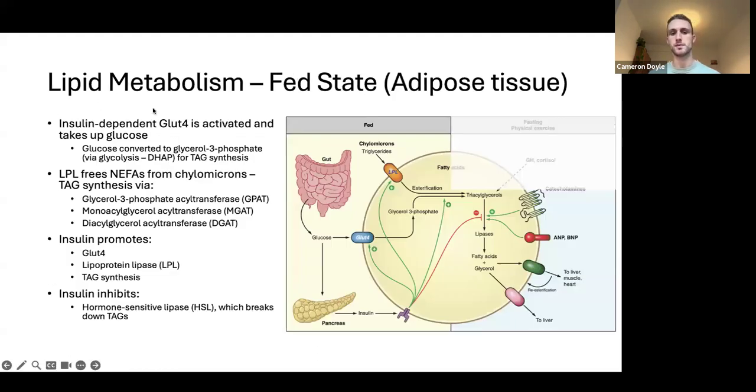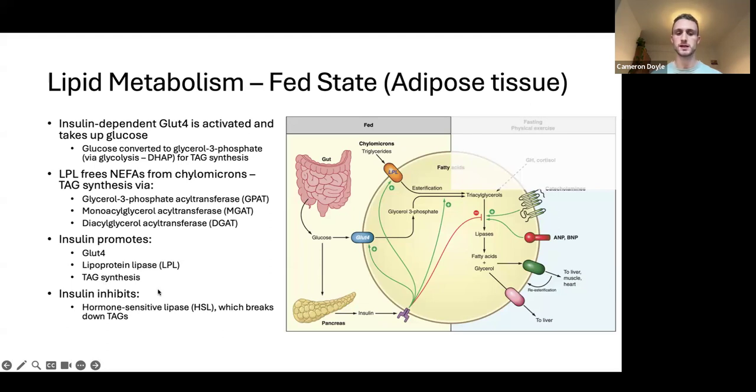Okay, lipid metabolism in the fed state. I'll just go over this really quickly. In the fed state, you've got loads of fatty acids, you've got loads of glucose. Insulin-dependent GLUT4 is going to activate and take up glucose, and you have LPL on certain tissues, which is going to be taking up fatty acids from your chylomicrons and your VLDL, and insulin promotes all of these enzymes.